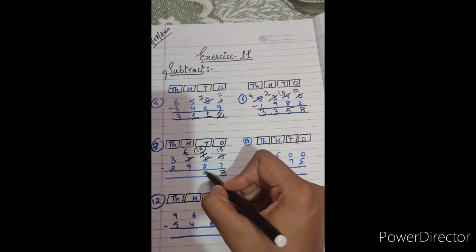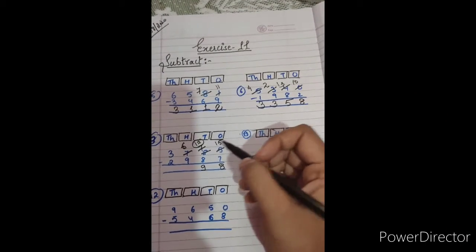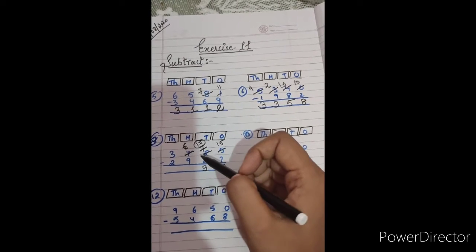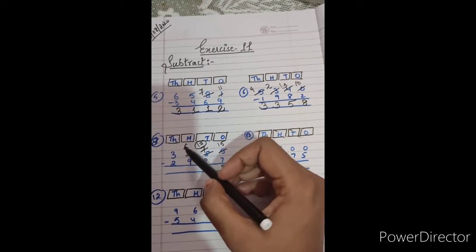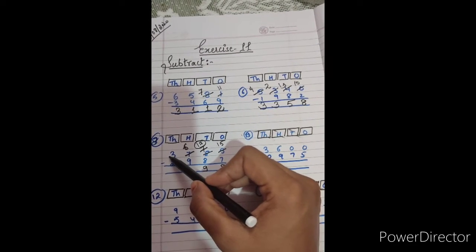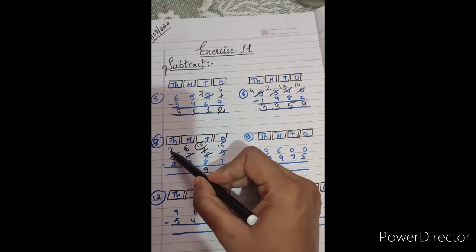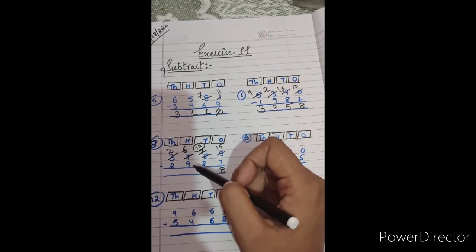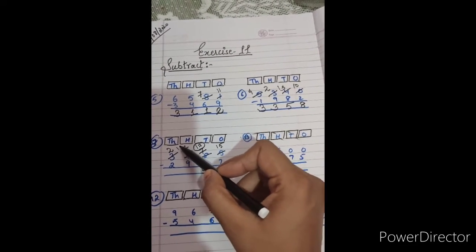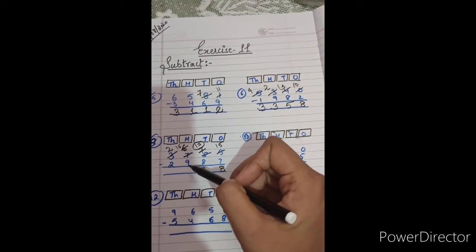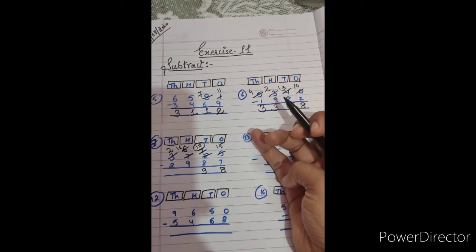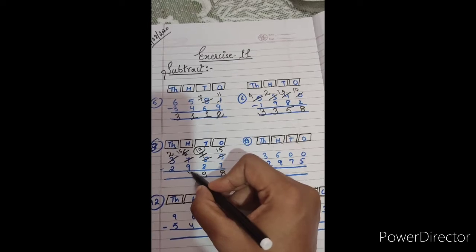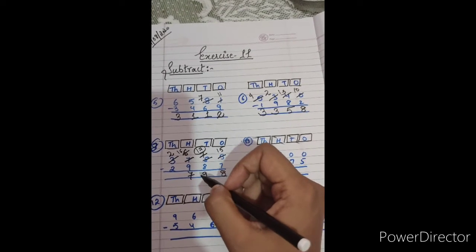So write 9 under the tens column. Now in 100 column, we want to subtract 9 from 6. But it is not possible, 9 is greater than 6. So now from the 1000 column, we borrow 1000 leaving behind 2, and 1000 plus 600 becomes 1600. Now 1600 minus 900 is 700. So write 7 under the 100 column.